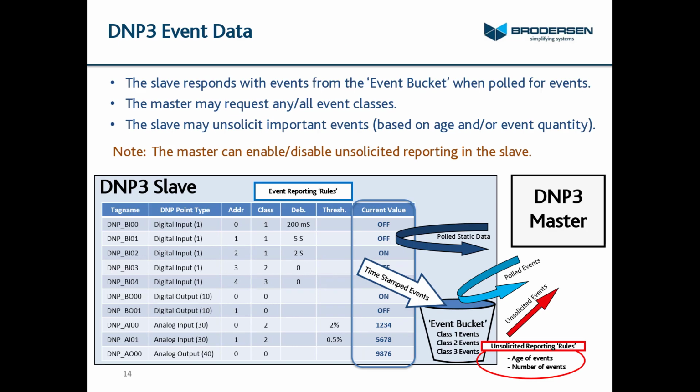So here we're showing the three sorts of message transfers: the master requesting static data, the master requesting unread events, and the RTU having the ability to unsolicit events. And the idea of unsoliciting events is that maybe it's watching the class 1 events. As soon as a class 1 event occurs, it may unsolicit.